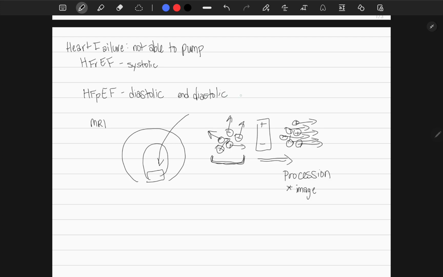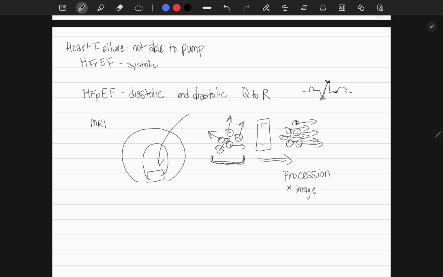This is going to be at Q to R in an EKG. So from Q to R, that will be a big stretch, and you'll be able to see that imaging occur for that failure of diastole.